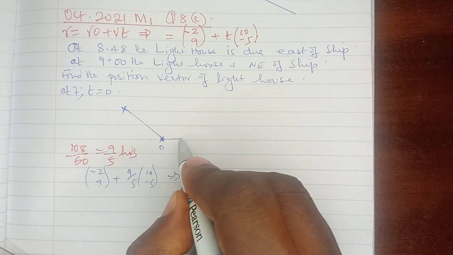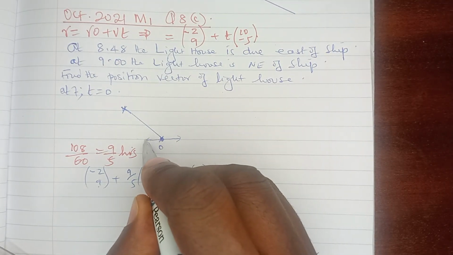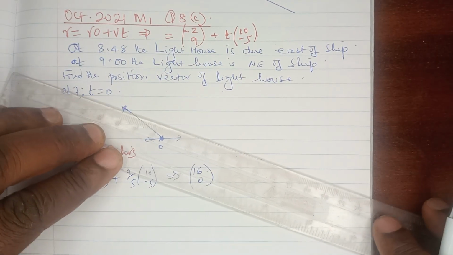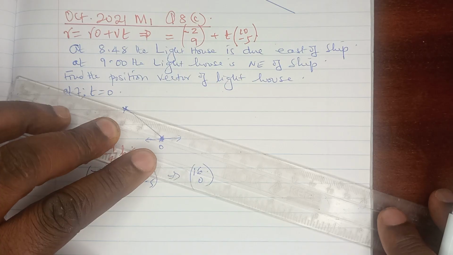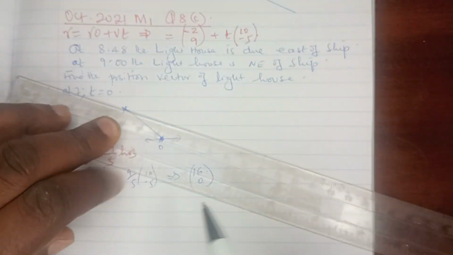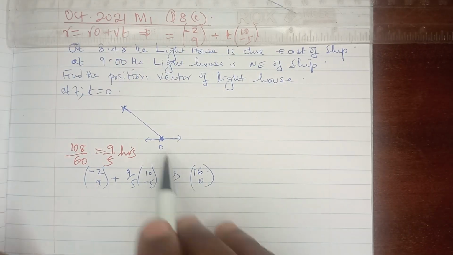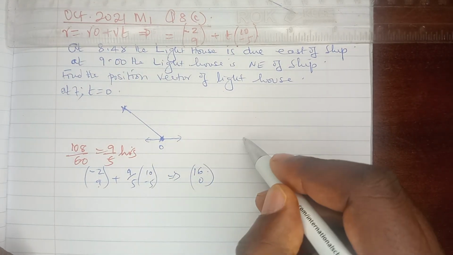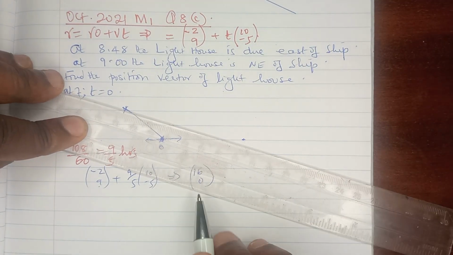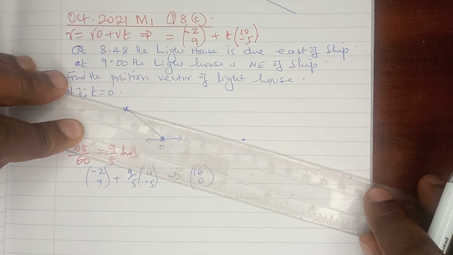This is the eastern direction, and this is the western direction. So at 8:48, the ship must be here, and there is no displacement along y.